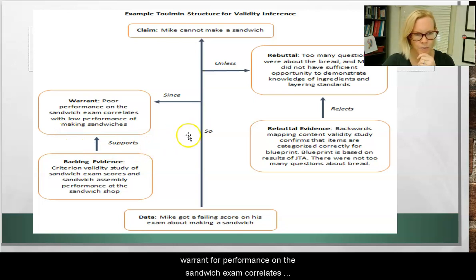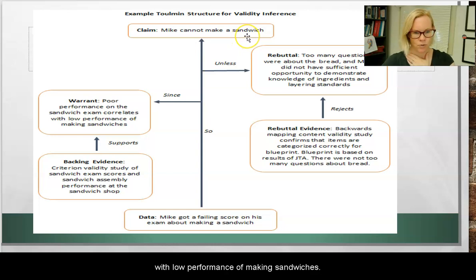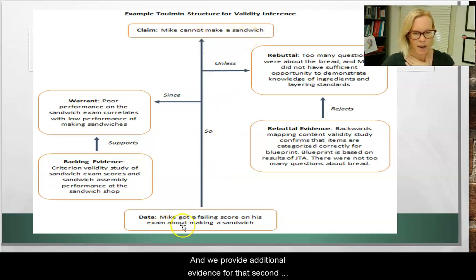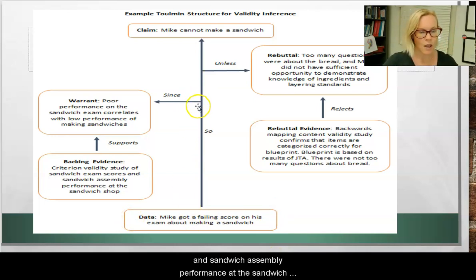So here we have a claim, and the claim is Mike cannot make a sandwich. Okay? The data is Mike got a failing score on his exam about making a sandwich. That's our evidence, right? Notice that you can prove that, you can point to that, that is a thing that happened. Your analysis would be this warrant.